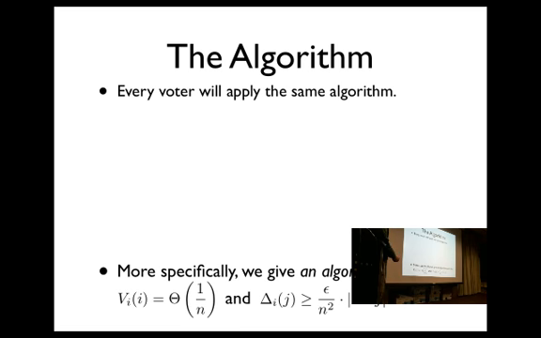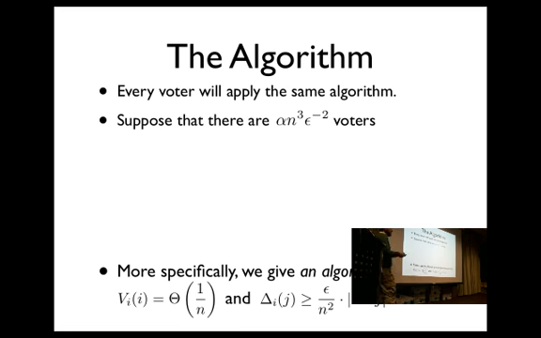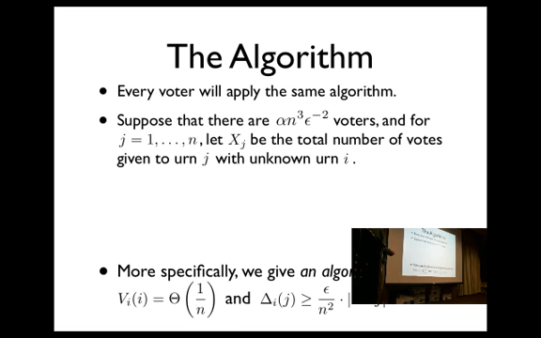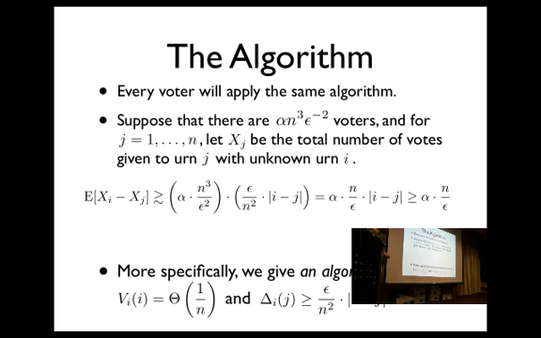And so why do these bounds help us? Well, suppose you have, say, alpha n cubed over epsilon squared many voters. Recall that we proved that roughly n cubed over epsilon squared is the right number of voters we need. So what happens? Let me use xj to denote the total number of votes given to urn j if the unknown urn is i. What's the expectation of the difference between the number of votes to urn i and urn j?